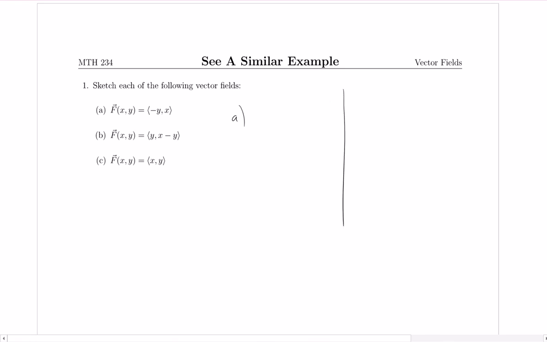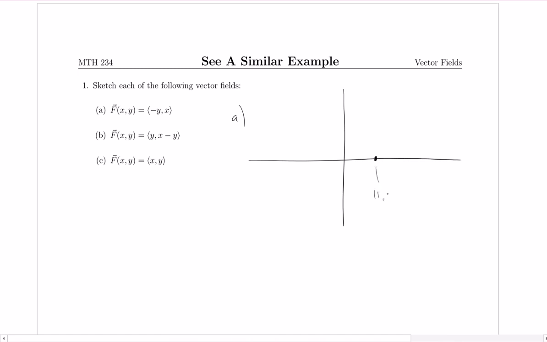So let's start by drawing some axes. And what I like to do is just pick a few very simple points, plug them in and see what we get. And then hopefully we start to see a pattern. So let's start with, like, (1, 0).